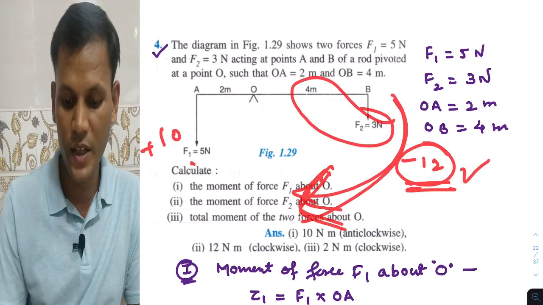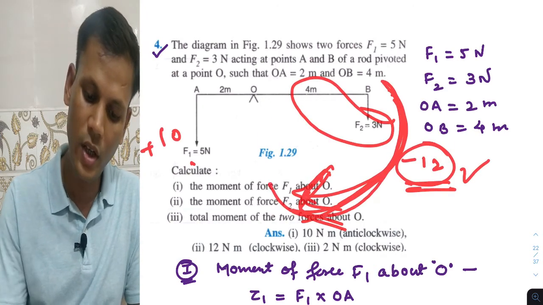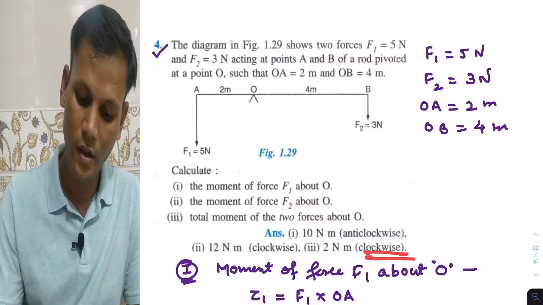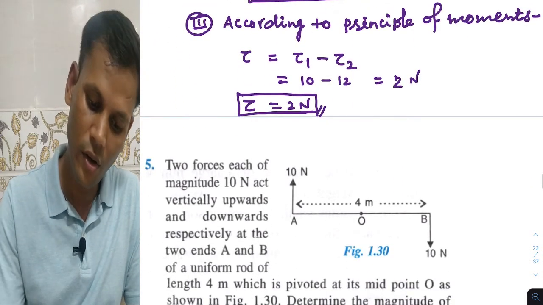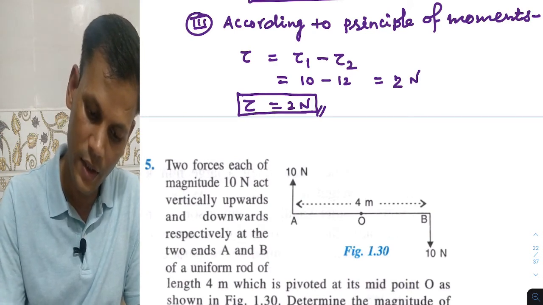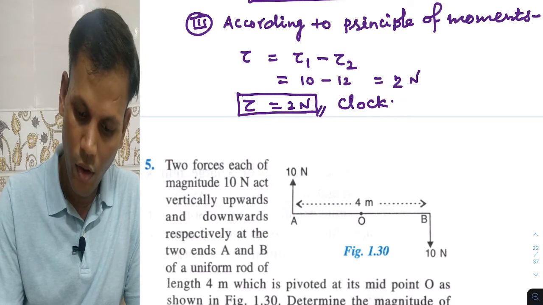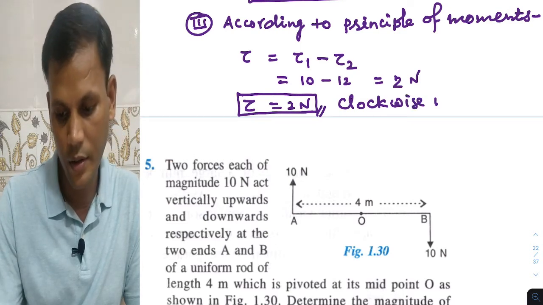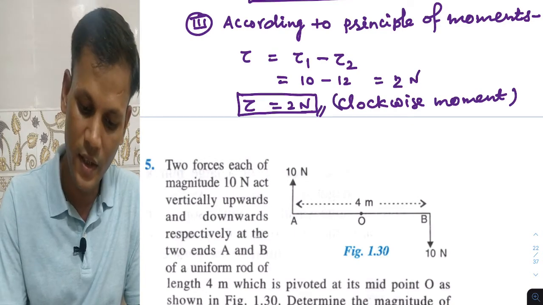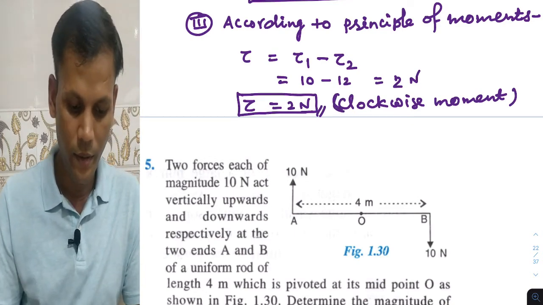What is this moment? It is the clockwise moment. So the resultant direction will be clockwise moment, along clockwise. So I think the direction part is also clear to everyone.